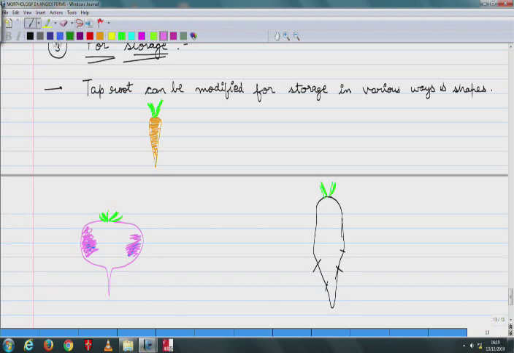This is the conical modification, conical modified taproot, conical storage root. This example is Daucus carota, carrot.